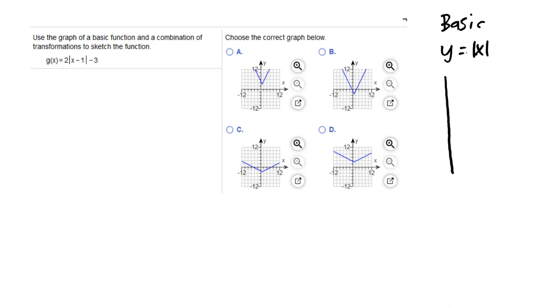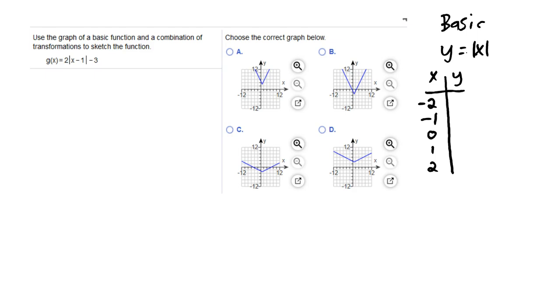I'm going to make a chart of x's and y's. Choose my x's to be -2, -1, 0, 1, and 2. This is just a standard set of points that I always choose to make sure I get a few negatives, a few positives, and 0.